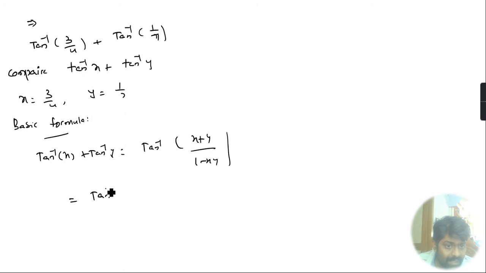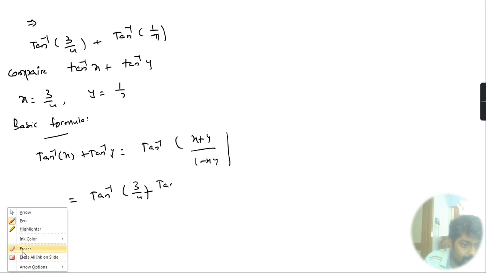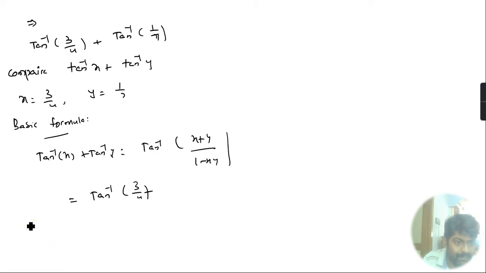That equal to tan inverse of 3 by 4 plus 1 by 7 by 1 minus 3 by 4 into 1 by 7.